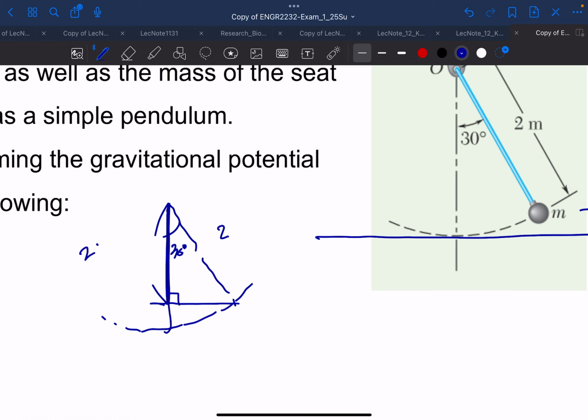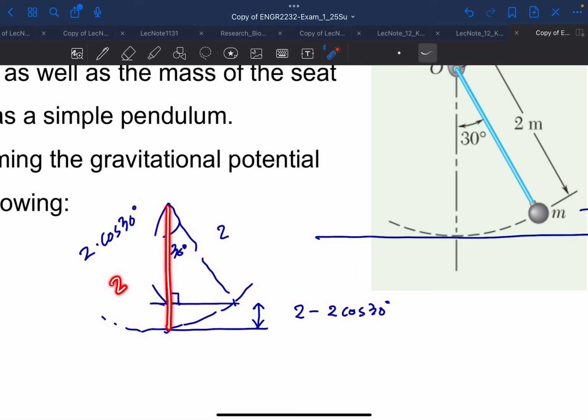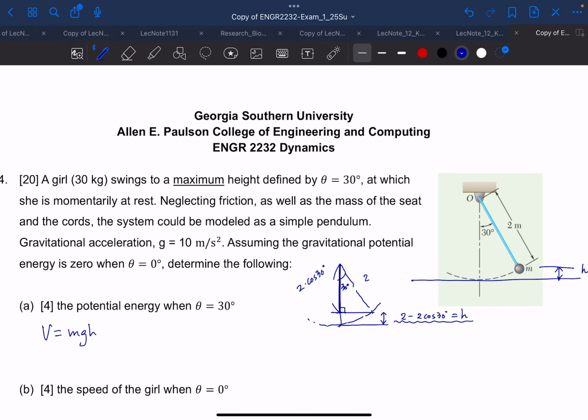That's going to be 2 times sine 30 or cosine 30? Cosine 30, right? So this distance is going to be 2 minus 2 cosine 30 degrees, because the whole length was 2. It swings and goes up like that, so we can find the height as this value, and then all we need to do is plug that in.